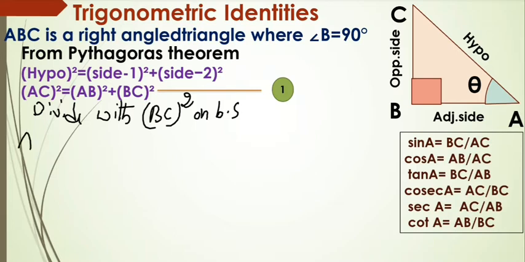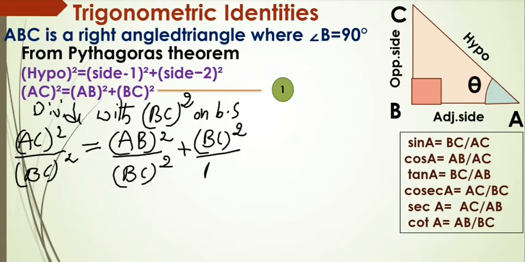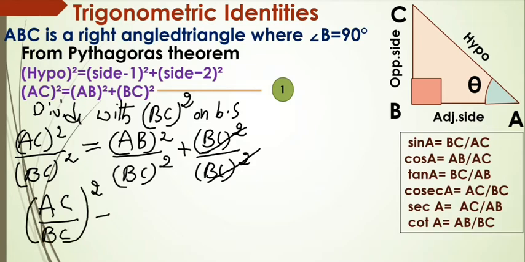Then observe that AC square by BC square is equal to AB square by BC square plus BC square by BC square. And here, same concept, both will get cancelled. We get AC by BC whole square, which is equal to AB by BC whole square plus 1.